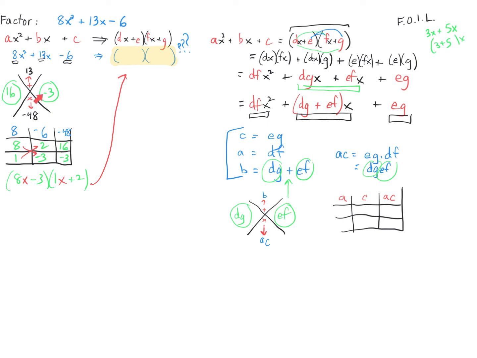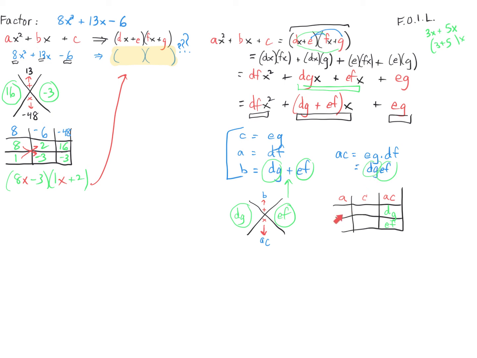The answers to this question we put in this column. Well, our answers to that question are DG and EF, so we'll put those here. All right, so vertically, if we multiply EF times DG, do we get AC? We sure do.